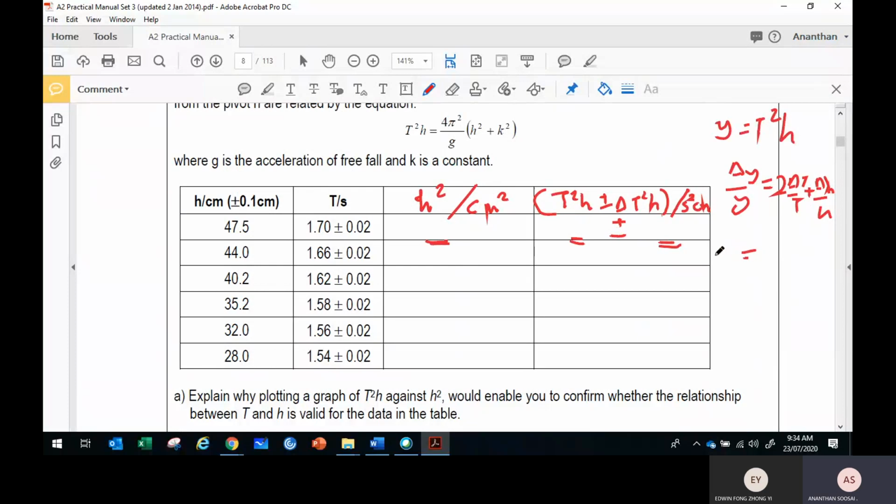Then the change of y is what? 2 changes of t over t plus changes of h over h, multiplied by your y. Y is what? T squared h. This is the formula. Quite complex.